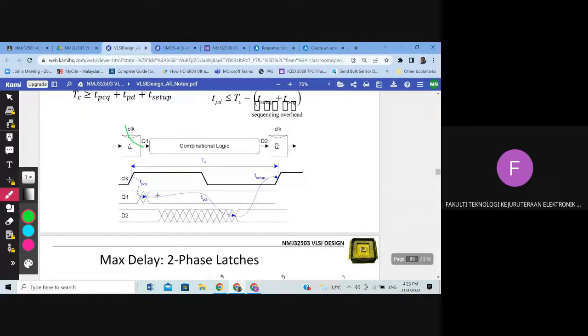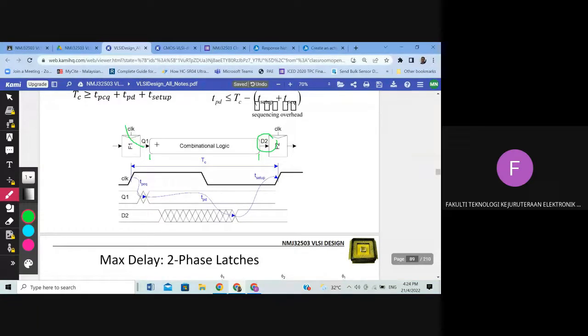Nothing happens here. Let's say this represents a decimal value of 10, for example, so it's continuously 10 until the end. But here there is an uncertainty value. And TPD is from the first time of the permanent output of Q1 until D2. Where is D2? This one. The time is the travel from this location to this. That's the TPD.